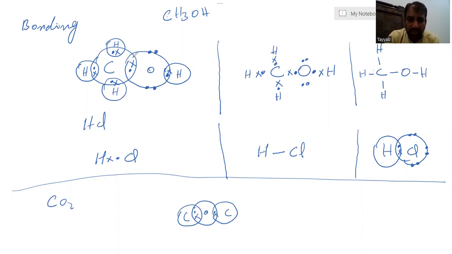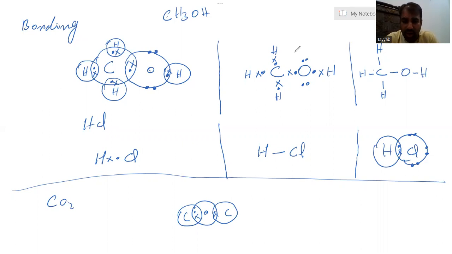Each hydrogen shares 1 electron with carbon, and carbon shares its 4 electrons, 3 with 3 hydrogens and 1 with the oxygen.